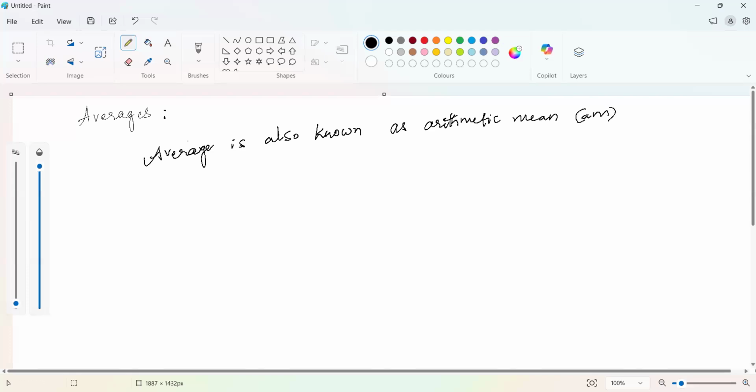So called as AM, arithmetic mean. First formula.